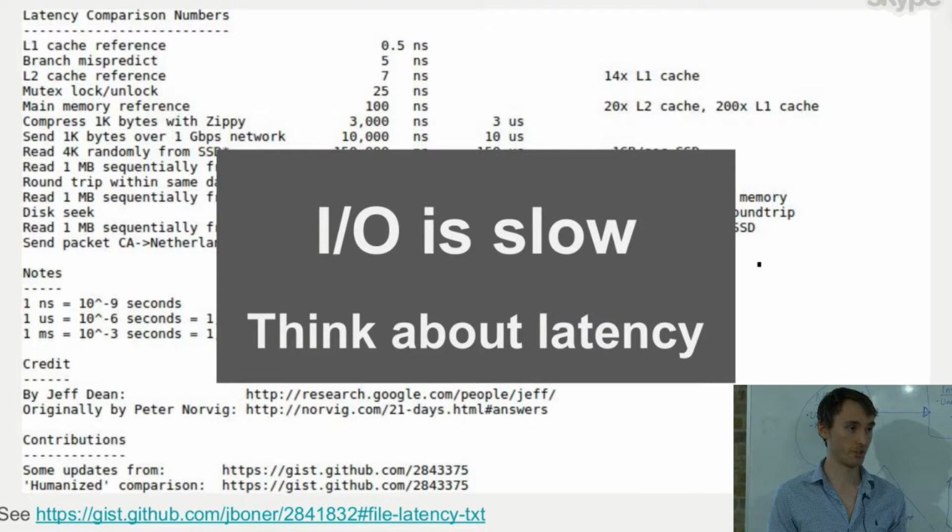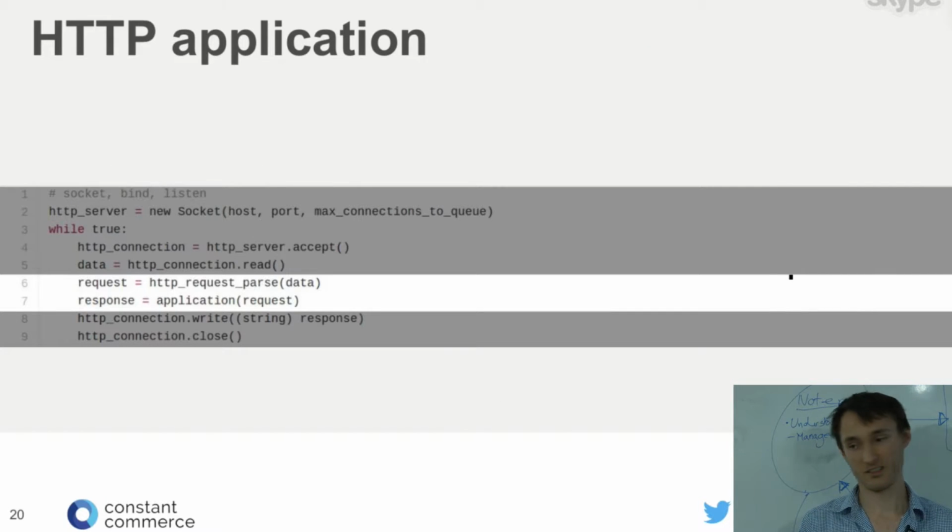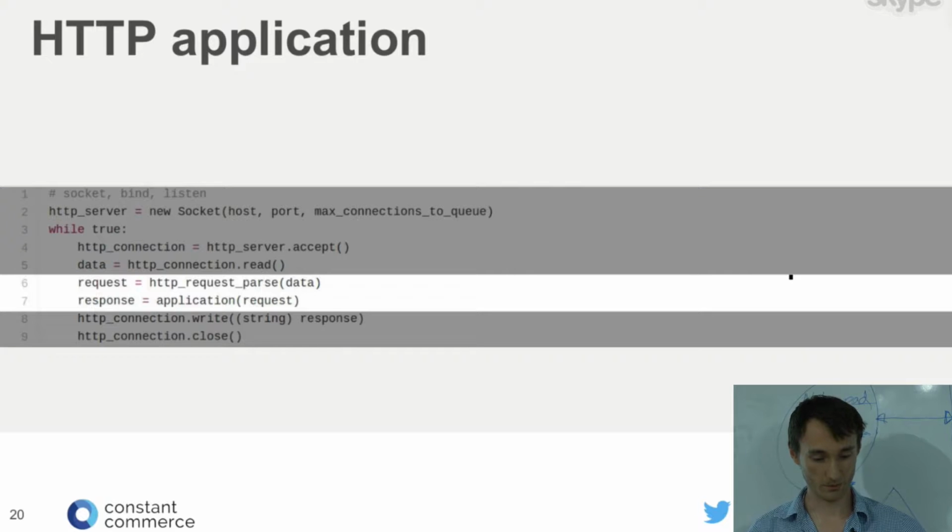And that's what we're treating here with the HTTP server. The issue with that is that if you're very slow to treat your client, your queue is getting full, and then you get errors.